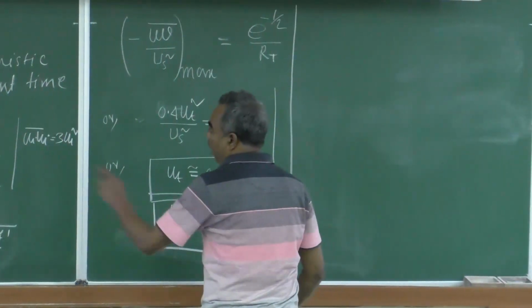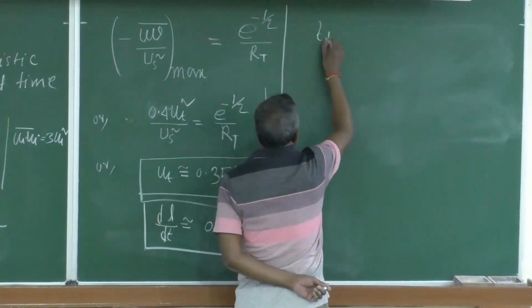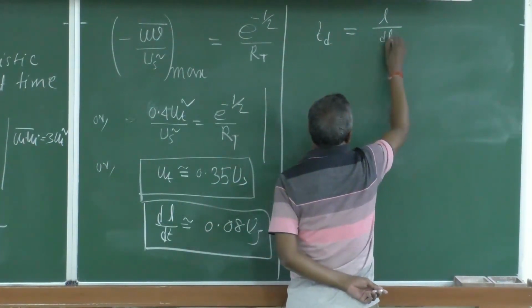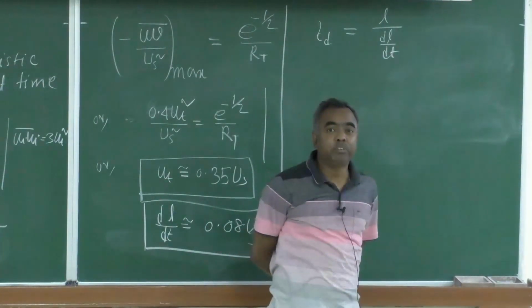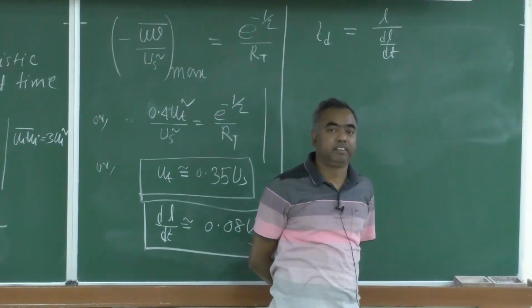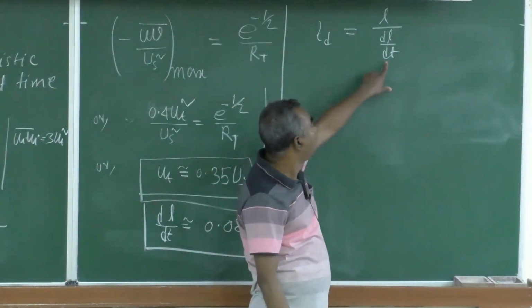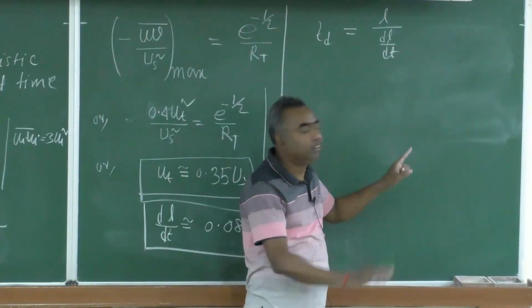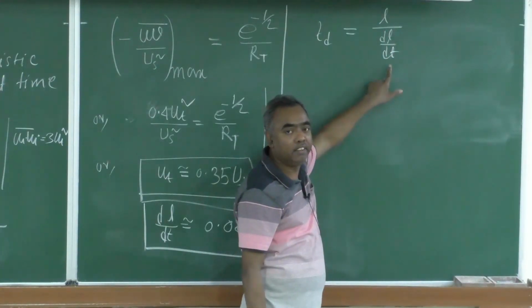Okay. So, now this TD is defined as L by dl dt. This is the time scale of development of the wake, given by L divided by dl dt.